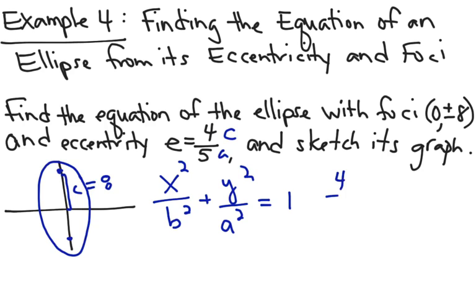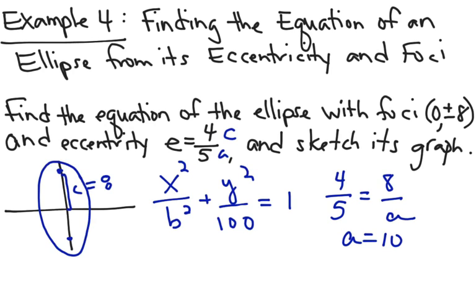So 4/5, which is C over A, if C is 8, we actually have to solve this for A. Well, all you have to do is multiply the denominator by 2, and you find out A is 10. So actually, A squared here is 100. I'm sorry I misspoke. I need to be more careful about my work.